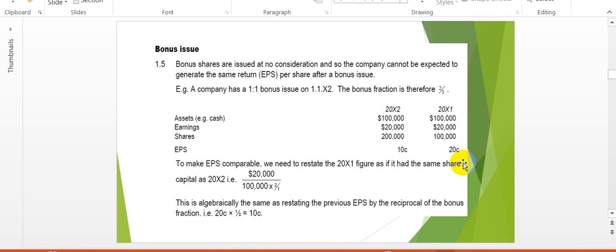You're going to meet this 1 for something, so please understand it well. So in this case, we've got 1 for 1. It means your bonus fraction will be 2 divided by 1.